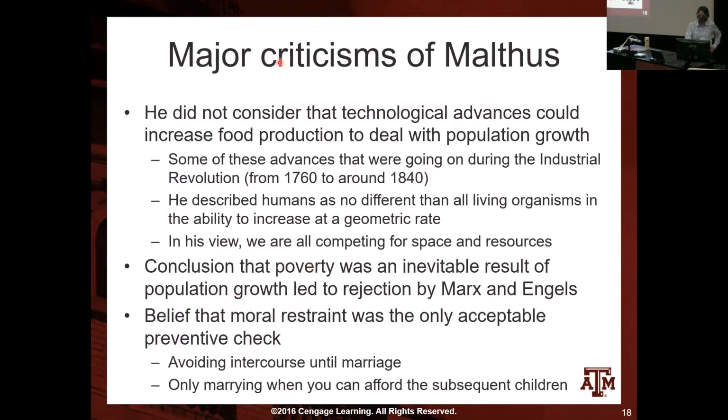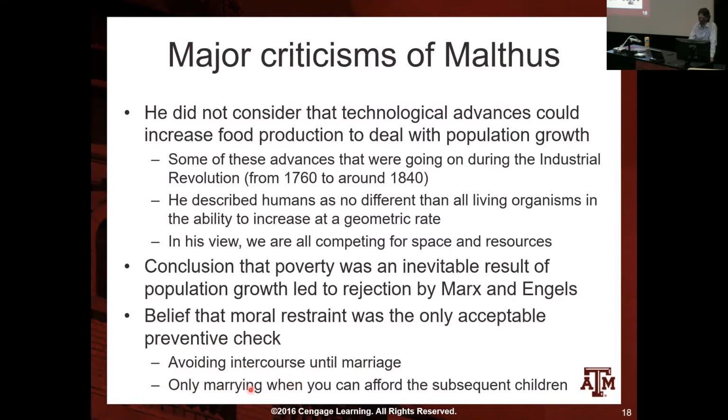So we are here starting to criticize Malthus. His belief that moral restraint was the only acceptable preventive check was also criticized, because one of the ways to do preventive check is to avoid intercourse until marriage. So pretty much abstinence, to avoid having children before you form a family.